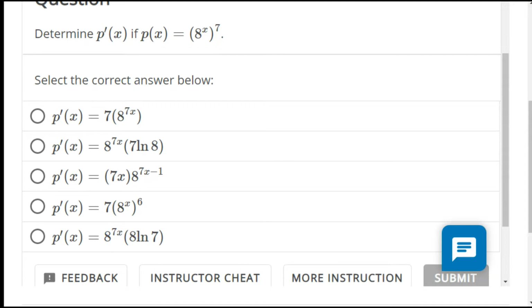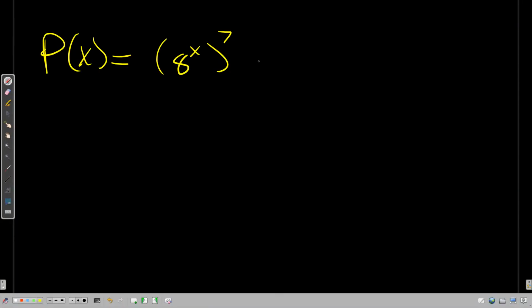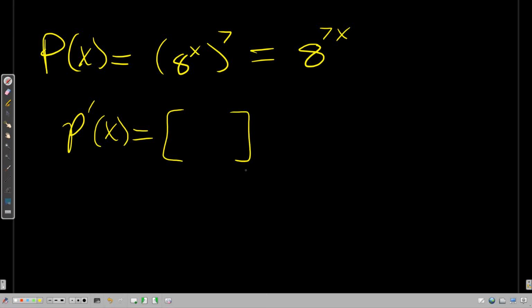This is just like our first problem. P of x is this function 8 to the power of x raised to the 7. This is the same thing as 8 to the power of 7x. So P prime of x is what? We need the derivative of 8 to the star.